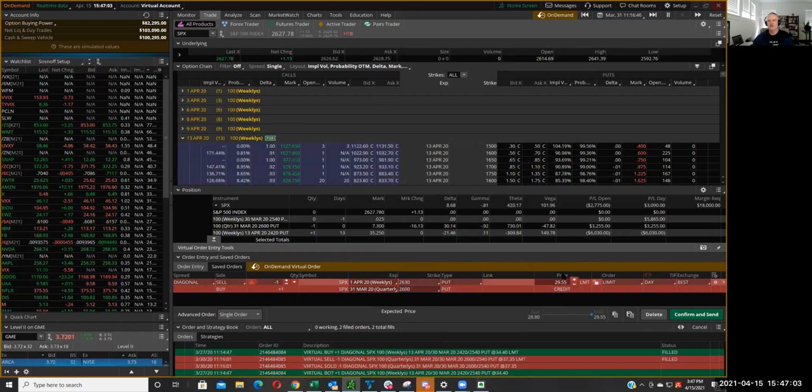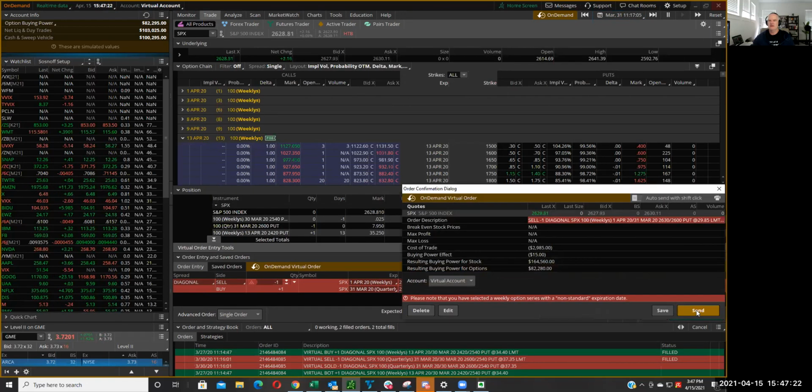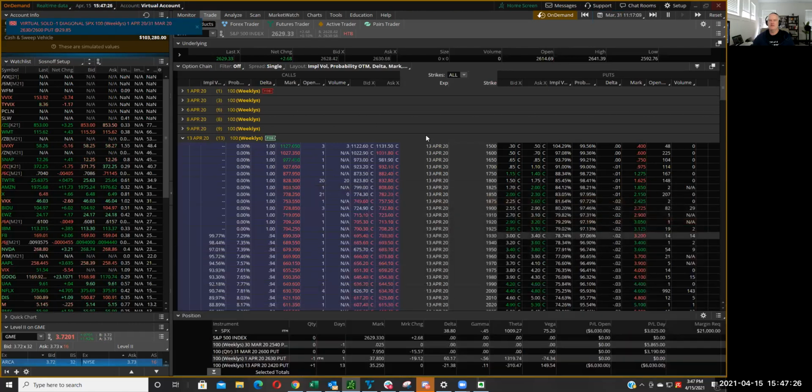No, $29. Sorry, sometimes it takes TOS a while to reset. So $29.55. Because we're getting so much credit, all we've got to do is hope the market doesn't move outside that range. So it's costing us $2,900 for this trade.